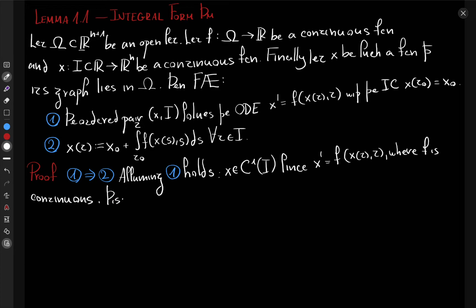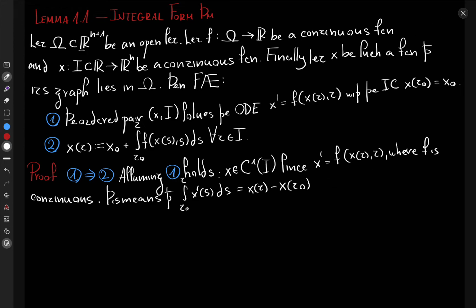This means that the integral from t0 to t of x prime of s ds is equal to x of t minus x of t0. What did we actually do? Well, we simply applied the integral operator function on both sides of this equality.